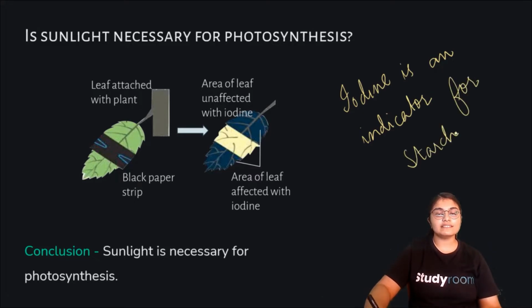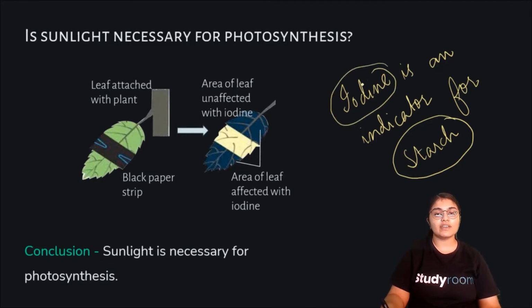Since photosynthesis produces glucose and glucose changes into starch, which is the reserve form of energy in plants, we can always try and figure out whether photosynthesis has taken place in any part of the plant by just doing this iodine test. So we are performing the iodine test just to find out whether we have starch in that part of the plant or not, and whether that part of the plant had photosynthesis or not.